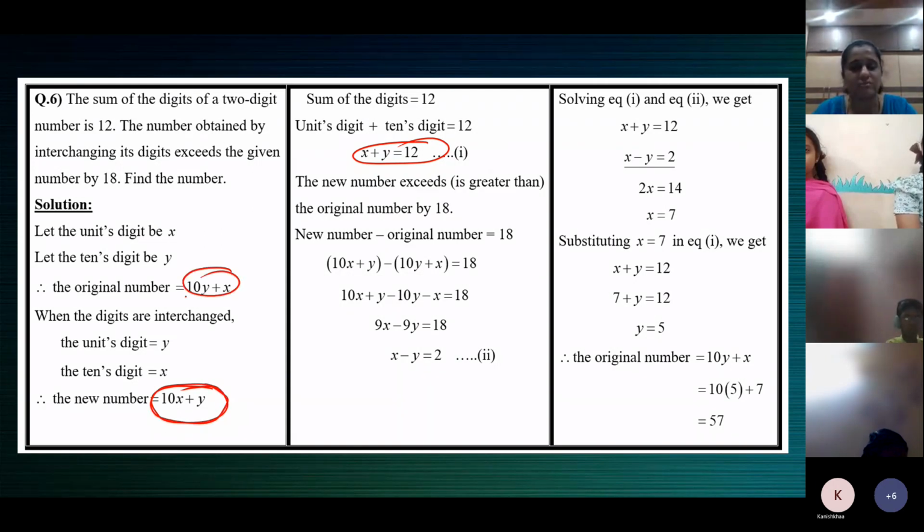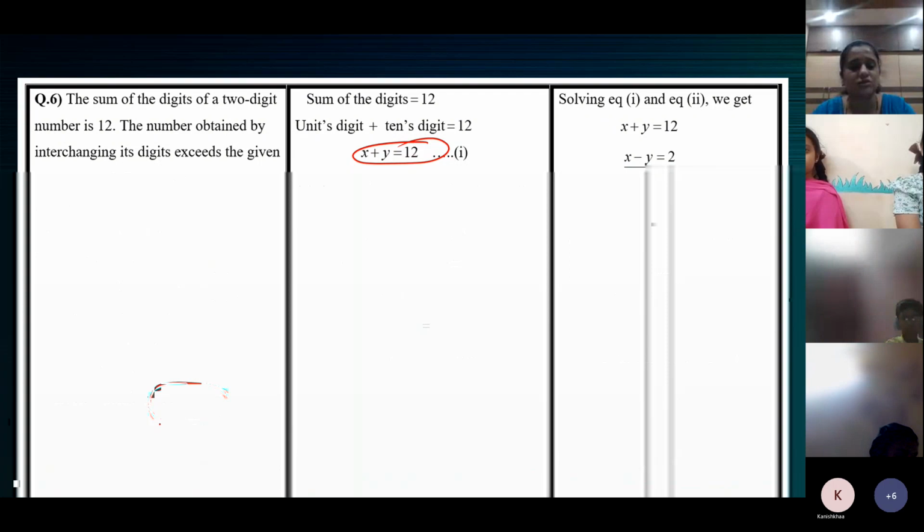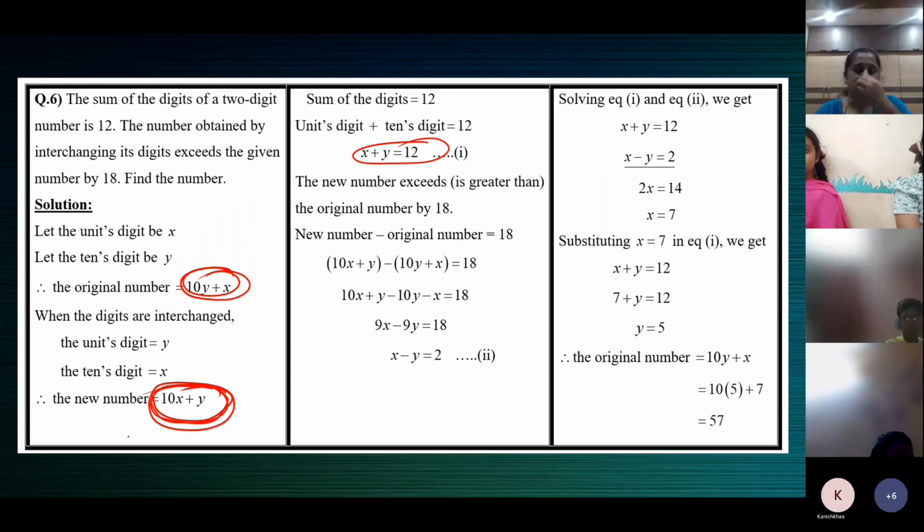This is the expression for the original number, and this is the expression for the new number. This new number exceeds, meaning this one is more than this one. So whichever number is greater, the greater number minus the smaller number is equal to 18.